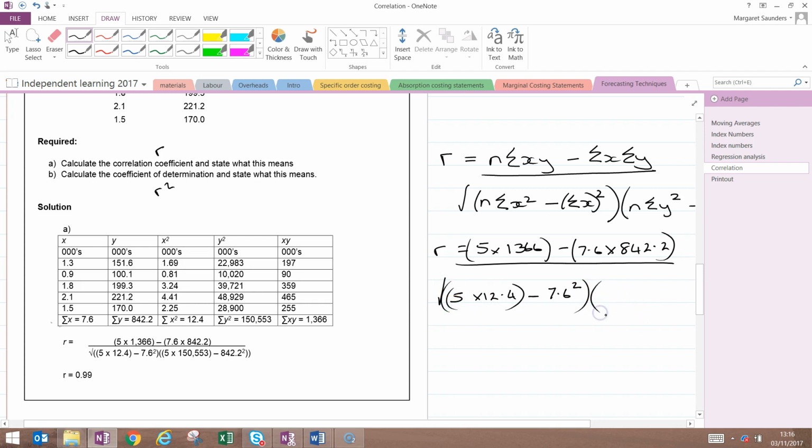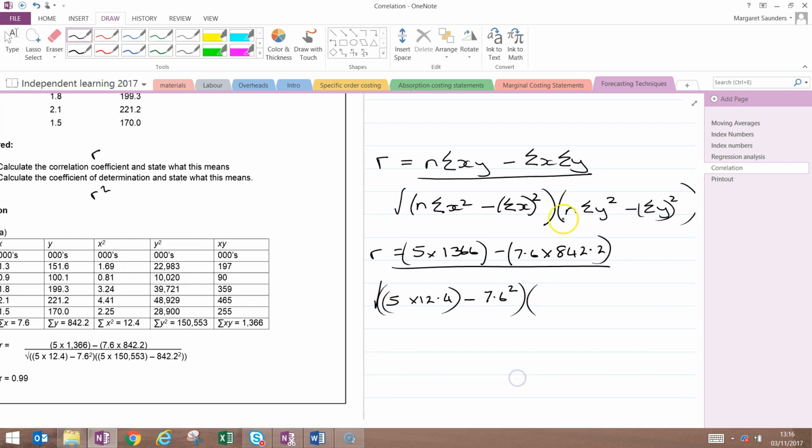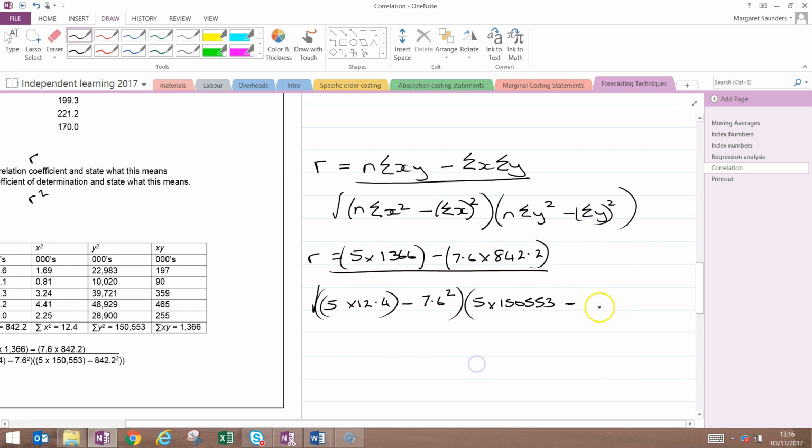And then that is multiplied by n, which we know is 5, times sigma y squared, 150,553 minus sigma y squared, 842.2 squared. And then the whole of that is square rooted.